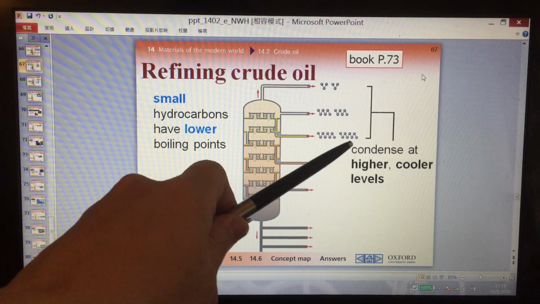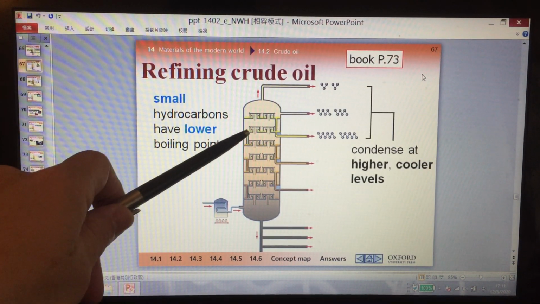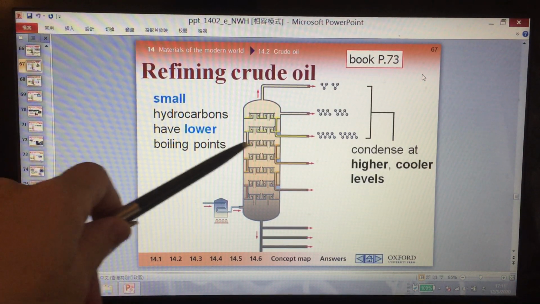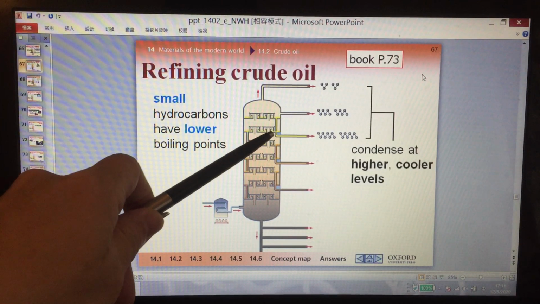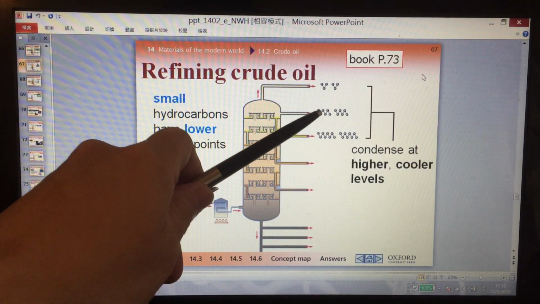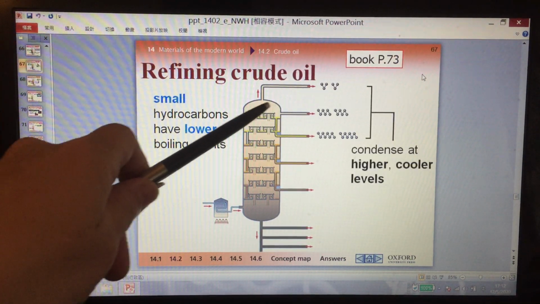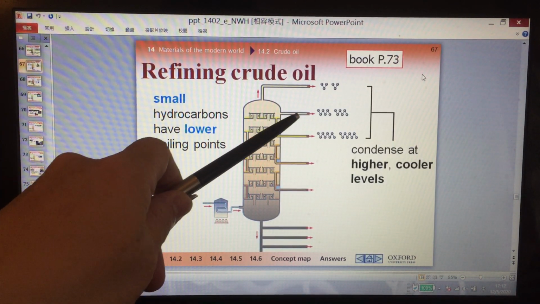Okay, and then the medium size, here, the temperature is low enough, and they will condense to liquid and then leave here. For the small size, they need a lower temperature, and then they will condense to liquid and leave here.